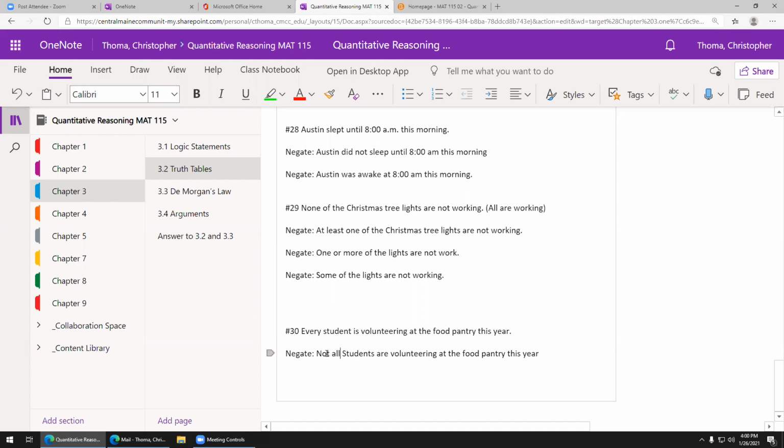Now we've covered everyone, which is what David covered if no one volunteered, but we've got to get the students in between, because basically we're at the two extremes. No students, the far left extreme, every student, the far right. We're missing the middle. So like Zach said, if you bring in the words not all, now I'm covering the middle. So not all students are volunteering. I just need at least one of them not to show up. And now I've got the opposite.